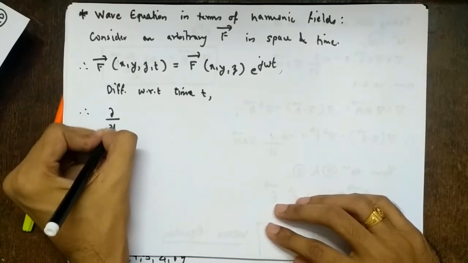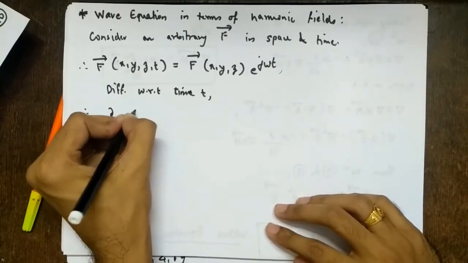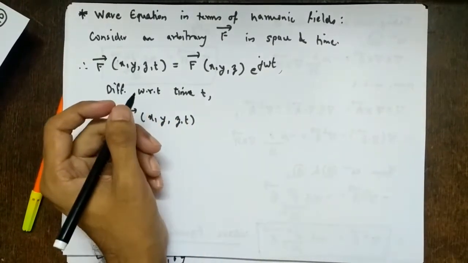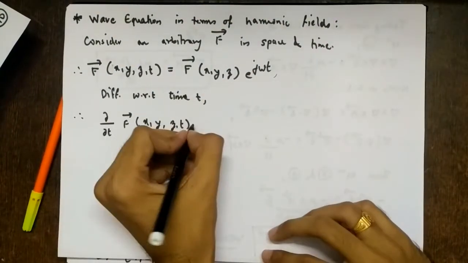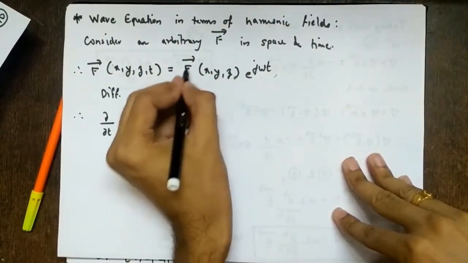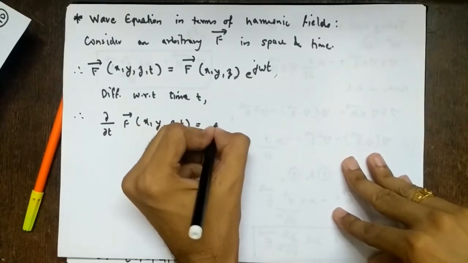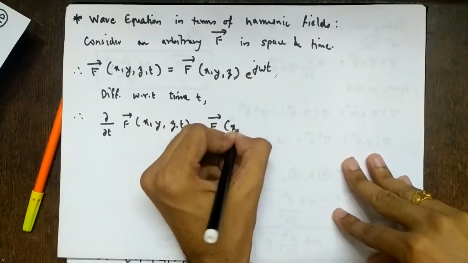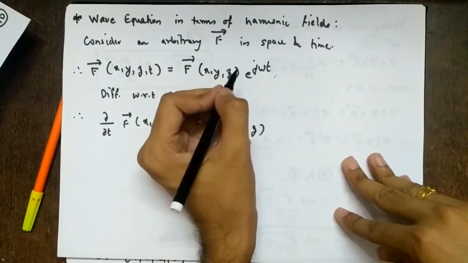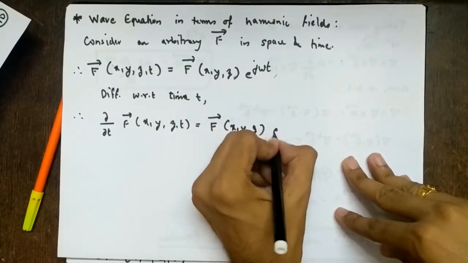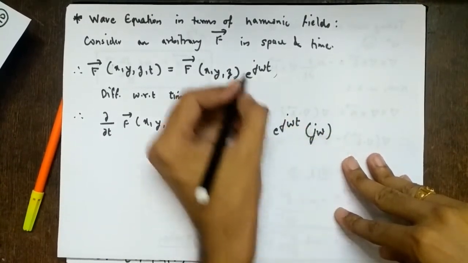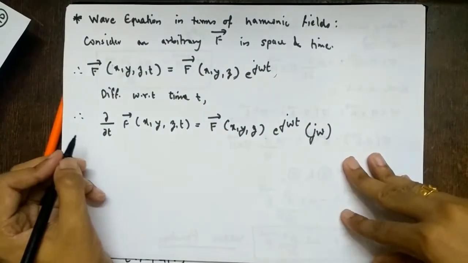This will become del by del t of F vector of x, y, z, t equals, since F vector is not a function of time, it will act as a constant, so it stays as it is, F vector of x, y, z. The derivative of e raised to j omega t with respect to time is the same, so into e raised to j omega t into j omega, because it is multiplied by that term.